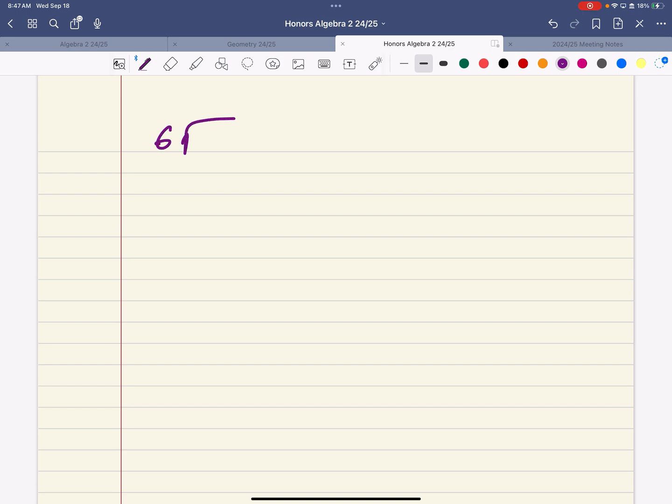Okay. Let's try another one that looks like that. Let's go 6 radical 2 over radical 7. We look for perfect squares for radicals. There aren't any. We look and see if we can reduce the fraction. We can't. Now we have to multiply it by what? What over what? Radical 7 over radical 7.